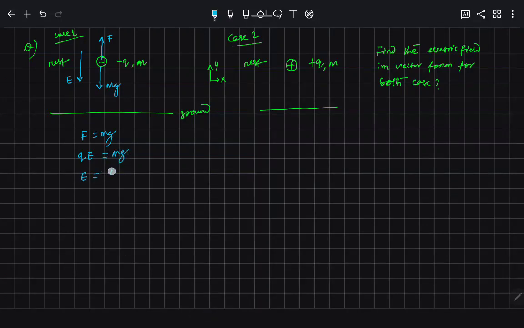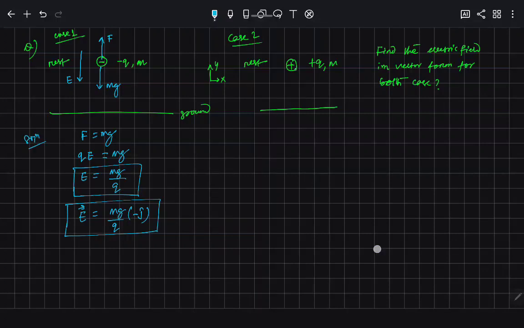So the electric field will be mg by q. Now in vector form, this is your x, this is your y, and the electric field is downward. So the electric field in vector form will be mg by q times minus j cap. Clear? Now go for the second case.